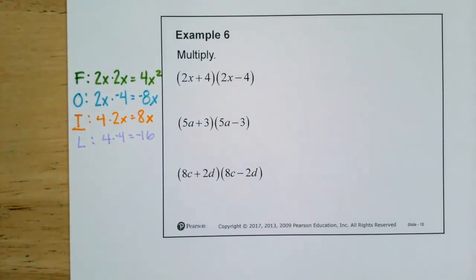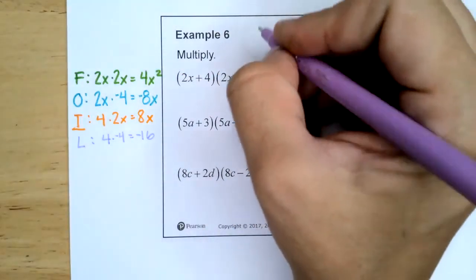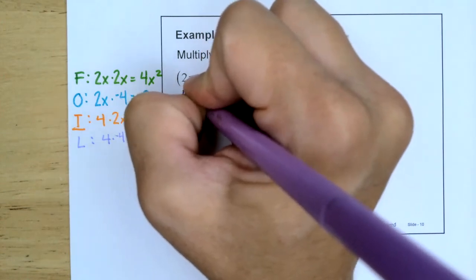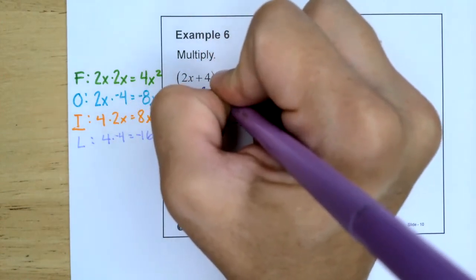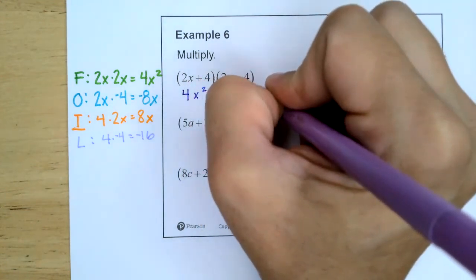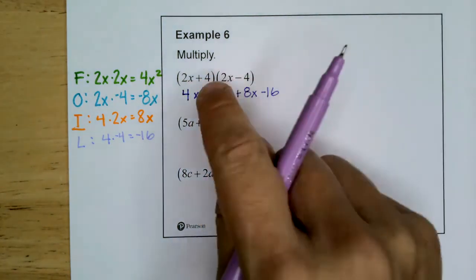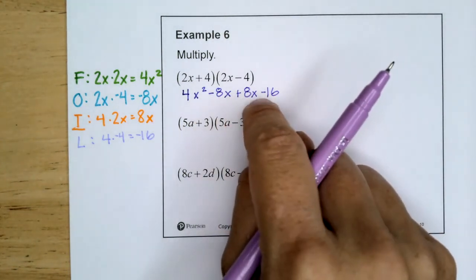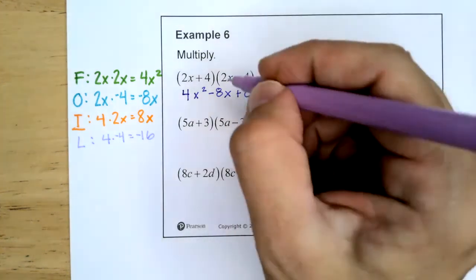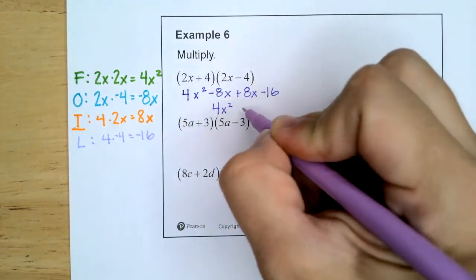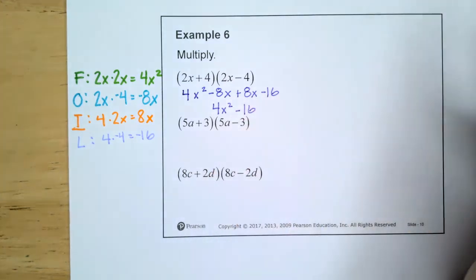Okay, so let's put all of those together. We get 4x squared minus 8x plus 8x minus 16. Here are some like terms. Negative 8x plus 8x cancels each other out, right? So now we just have 4x squared minus 16.